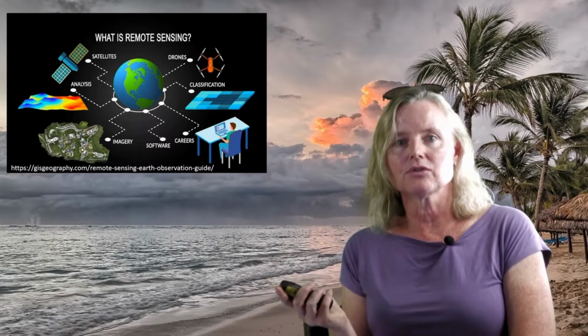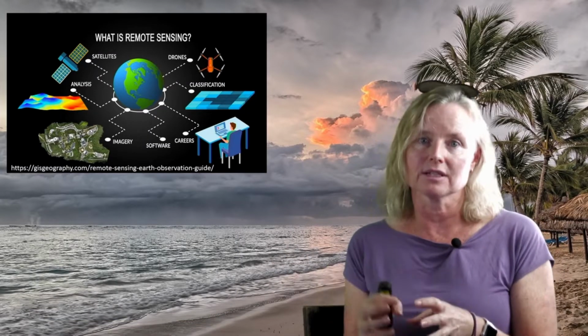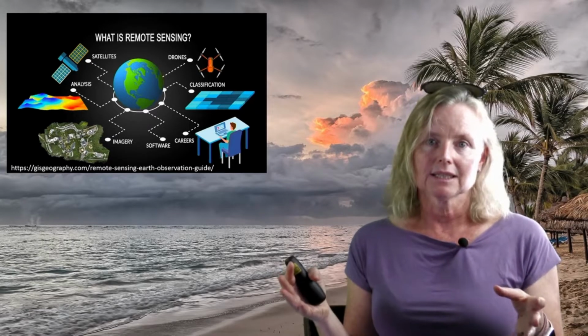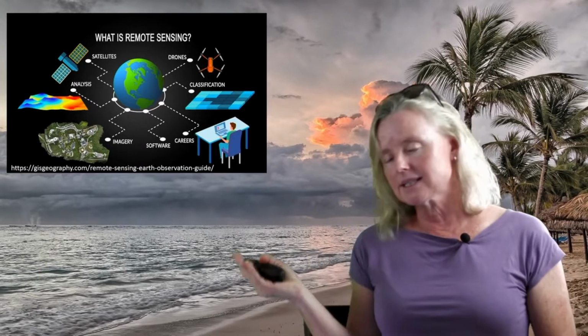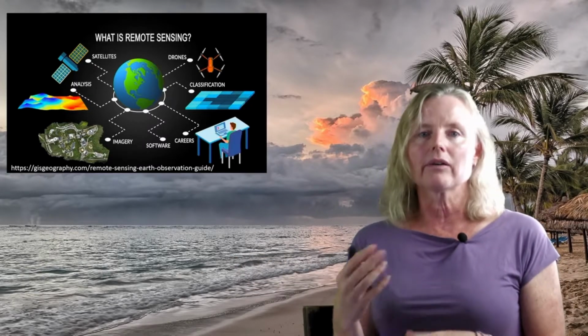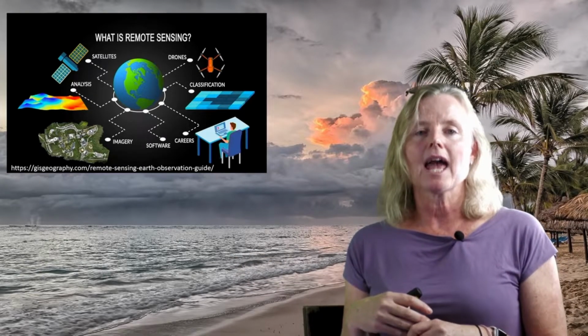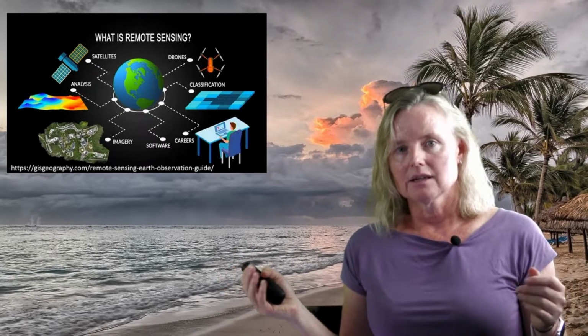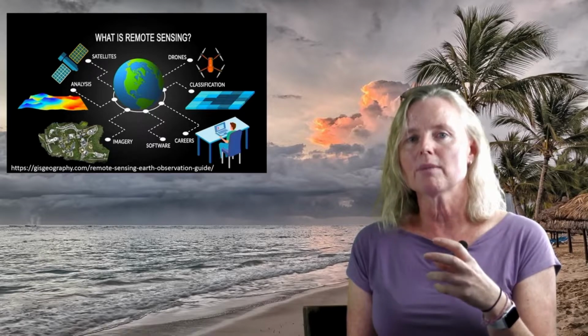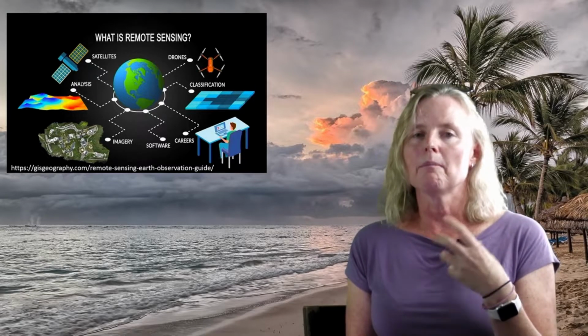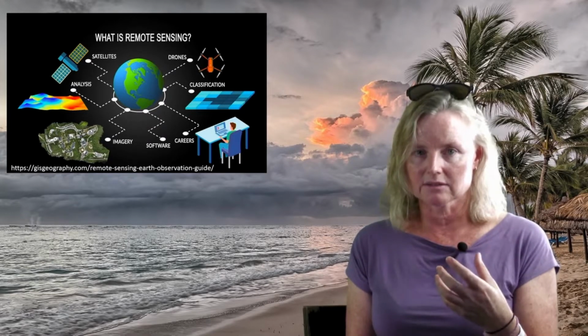Another measurement that's used to measure primary productivity is remote sensing. As the name suggests, this technique takes measurements from a distance using either satellites or aerial or drone images and captures large areas. So unlike the previous methods, this can be used to provide information on productivity at much larger spatial scales.